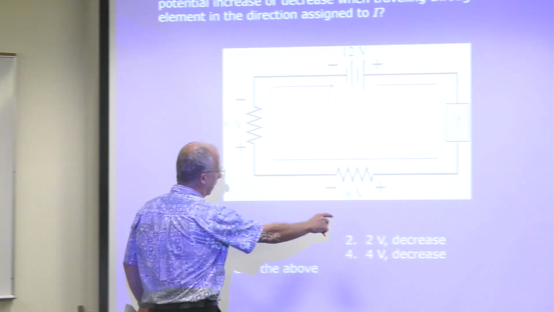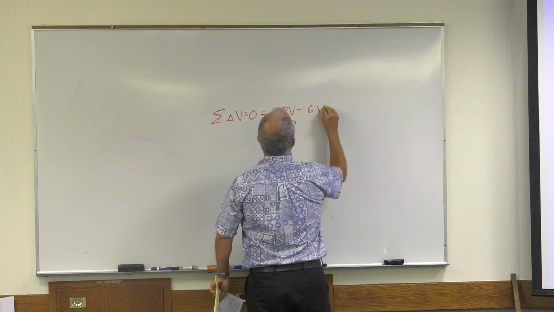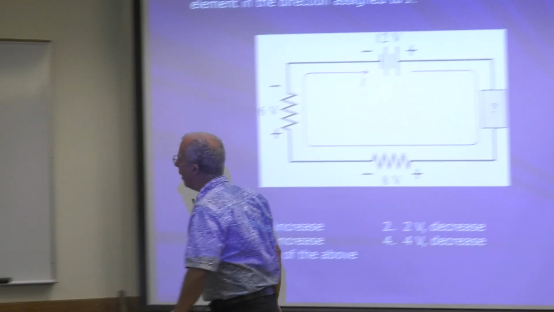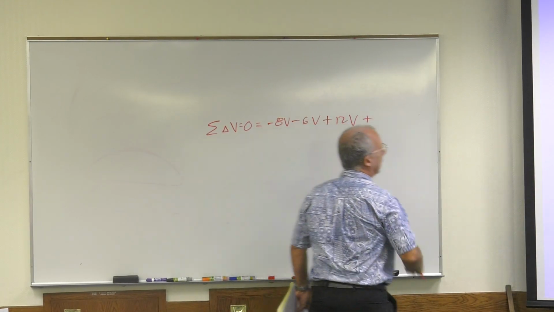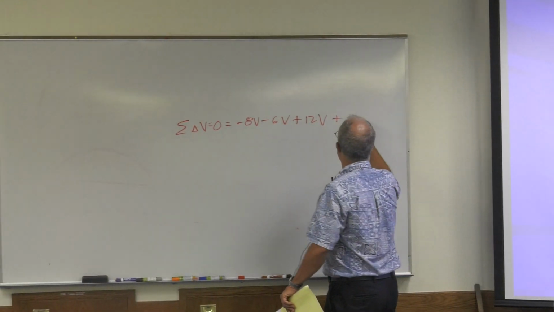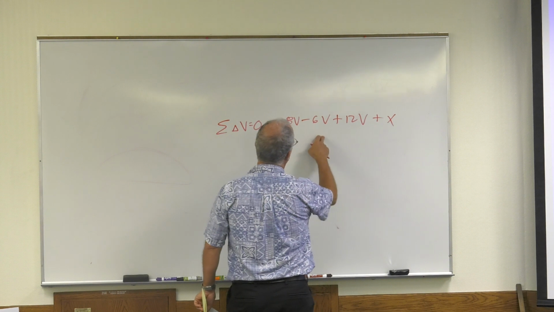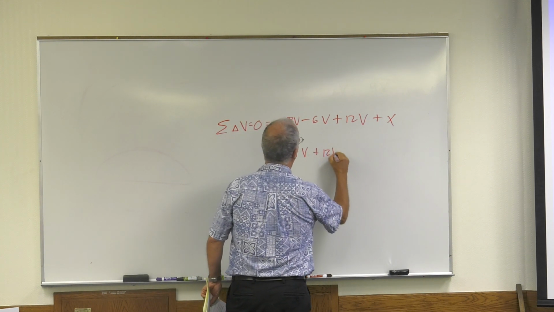Then we have minus 6. Then we have plus 12. And then we have, I'll say x, all right, plus x. And that has to be 0. So what is that? 8 and 6 is 14. So we have minus 14 volts plus 12 volts plus x.